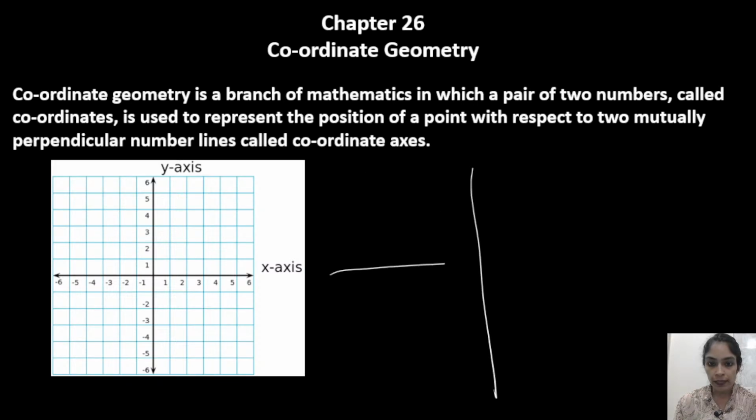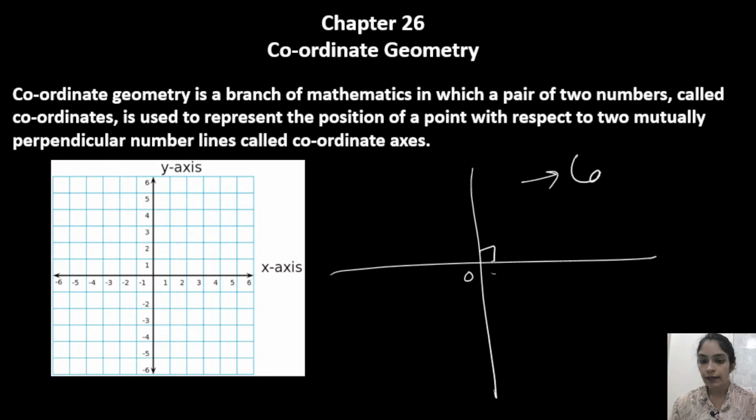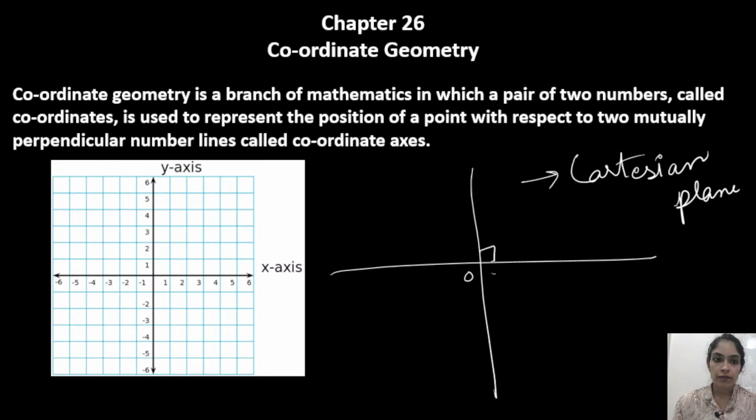Number line means where numbers are there. So two number lines which are perpendicular to each other, this is known as the Cartesian plane, and on this plane we locate points.